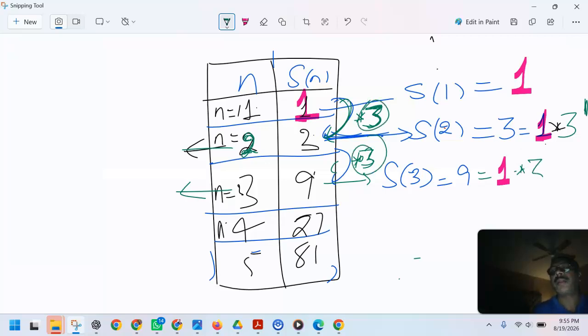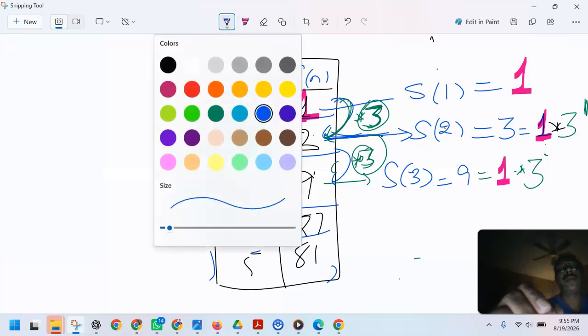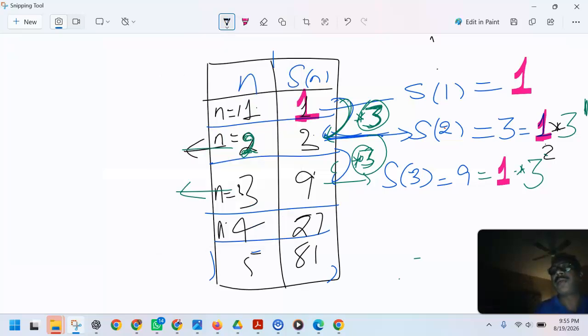So it is like 3 raised to 2. So if this is 3, this number is 3 minus 1. If this is 3, it decreases by 1.